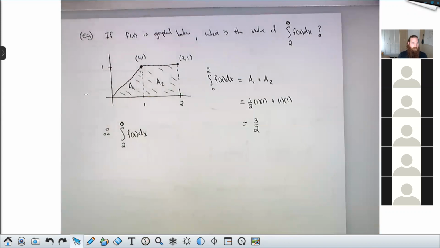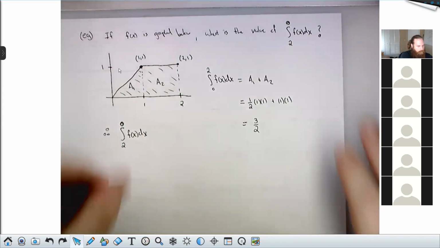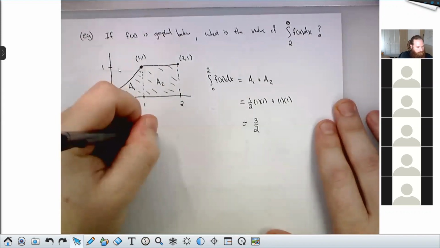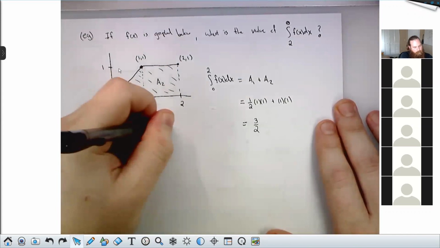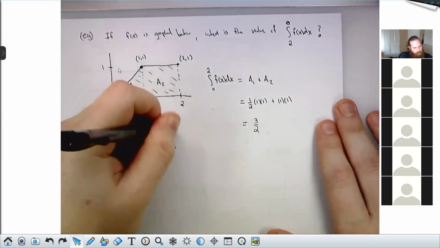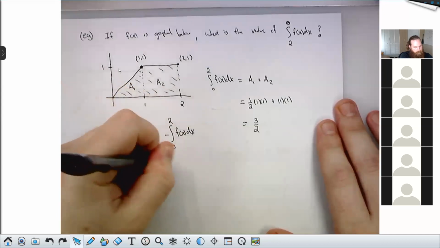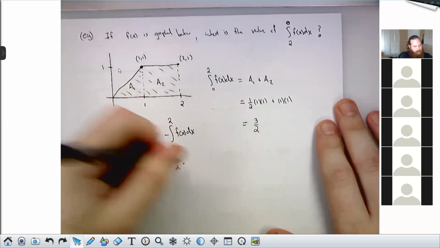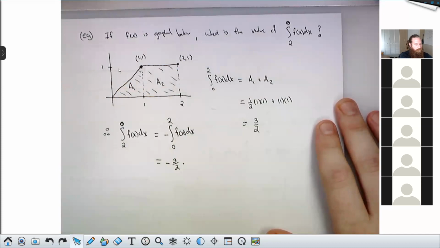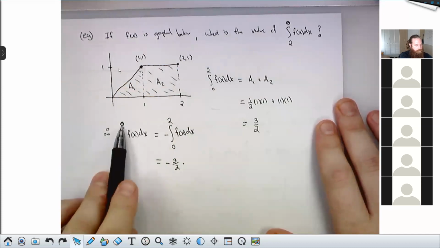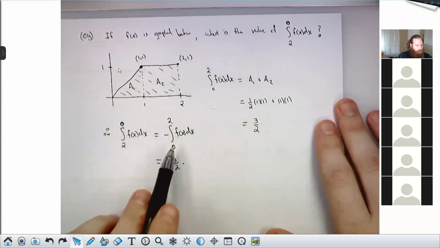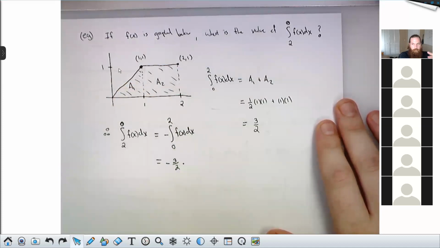Which one of those 6 properties is useful here? Yeah, Josh has it. This is the negative of the integral from 0 to 2 of f of x dx, which is negative 3/2. Remember, the integral from b to a is the negative of the integral from a to b. If you flip the bounds, you pop out a negative.